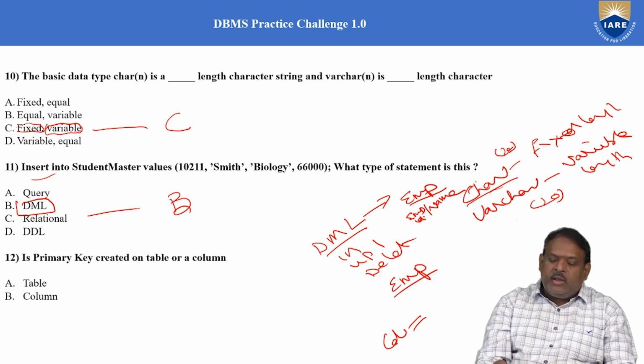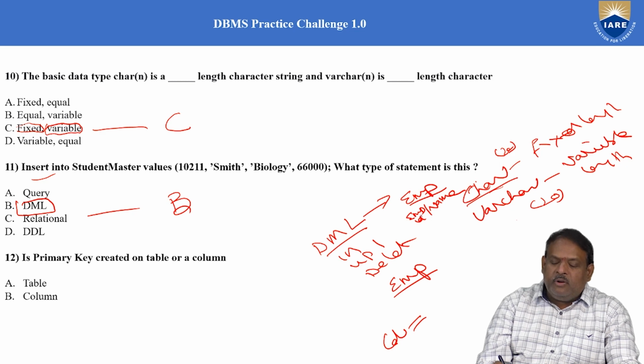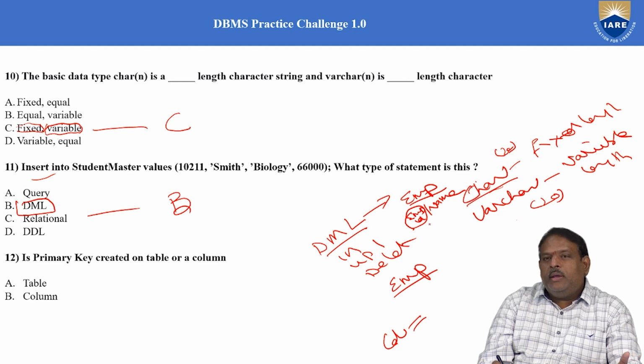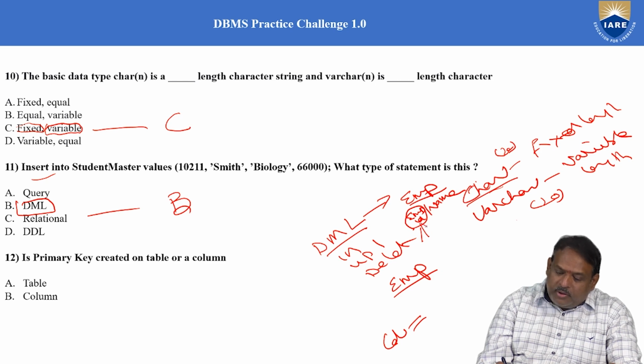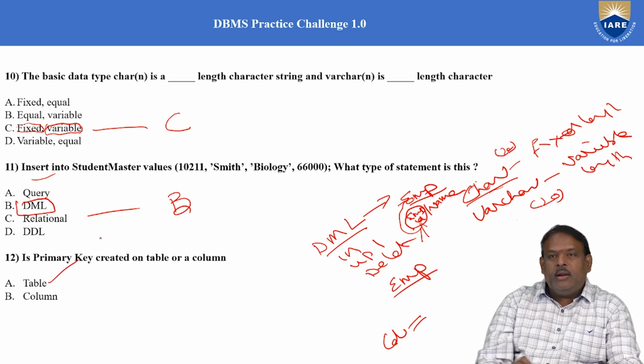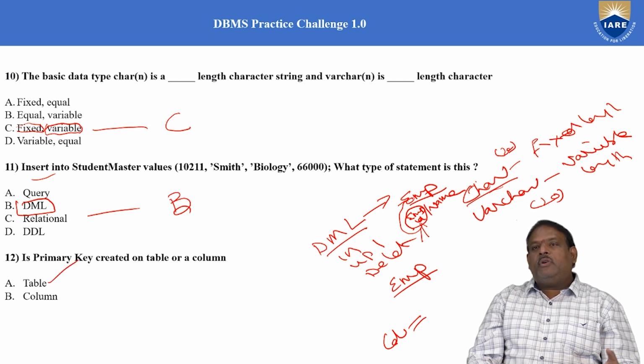When we create a primary key on EMP ID, no two employees will have the same ID. This primary key is on this column, but it actually refers to the table called EMP. So a primary key exists on a table, and in the table it refers to a column.